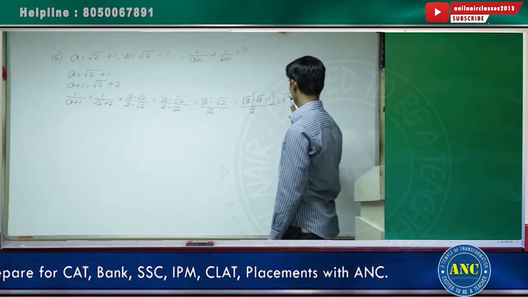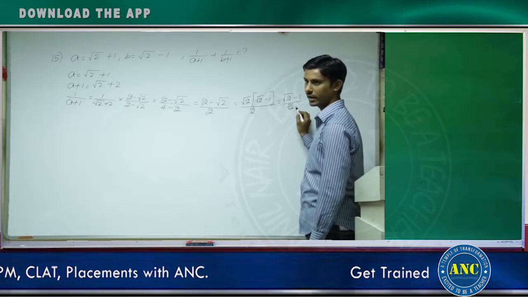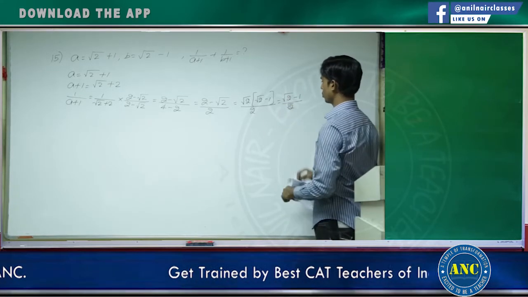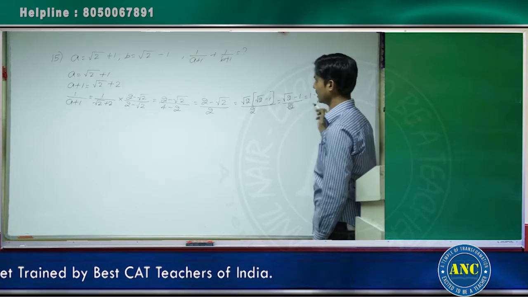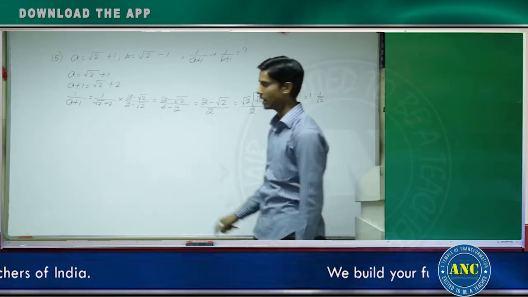Root 2 by 2 is nothing but 1 by root 2. Why I did it like this: root 2 by root 2 is nothing but 1, and 1 by root 2 I will write as it is. So this entire thing is nothing but 1 minus 1 by root 2, right?